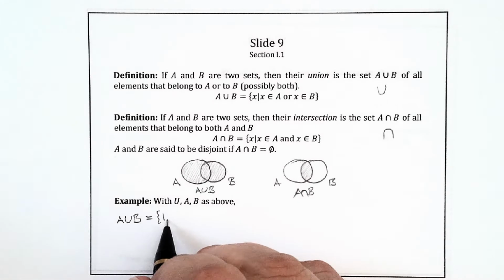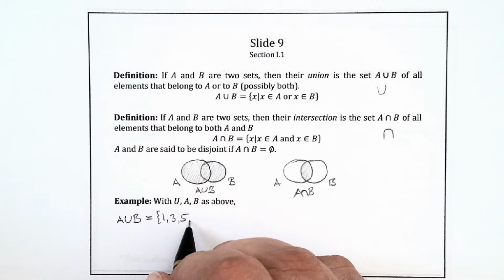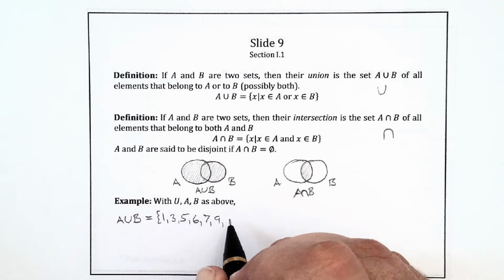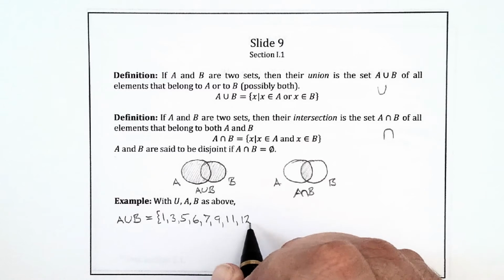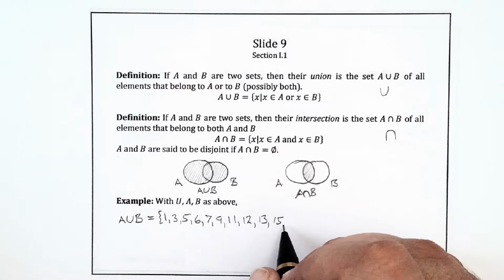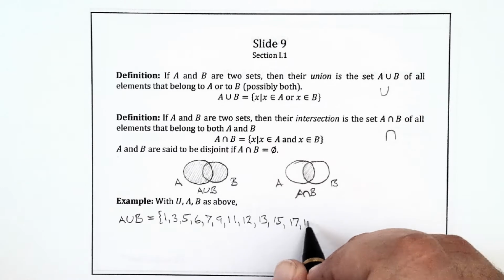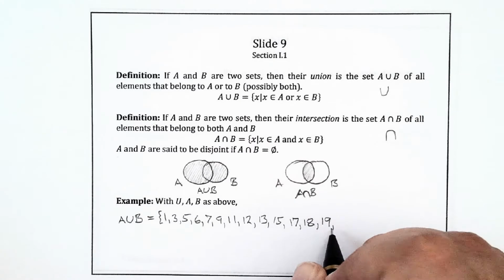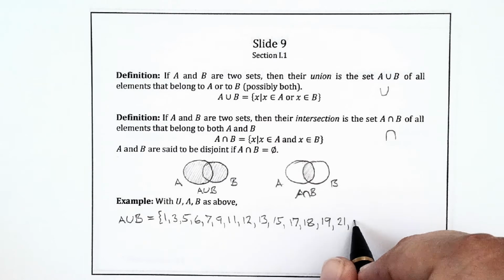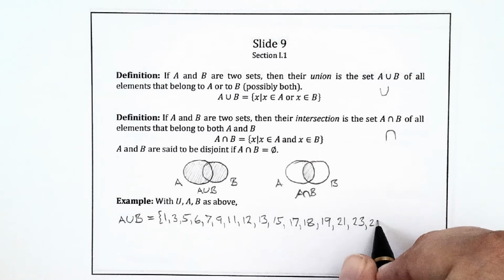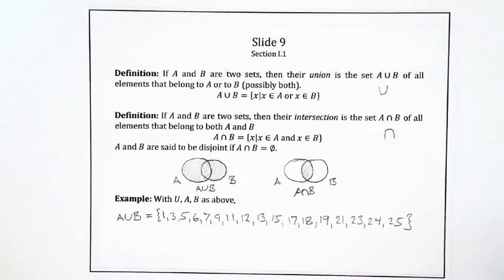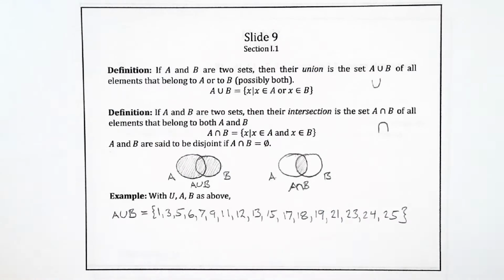So we have 1, 3, 5, 6, 7, 9, 11, 12, 13, 15, 17, 18, 19, 21, 23, 24, and 25. Okay, that's the union. I'm just putting them together.